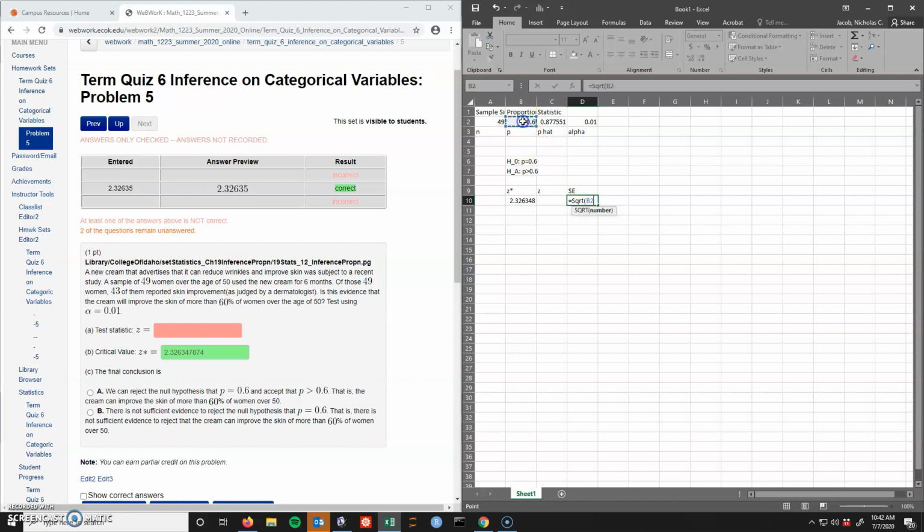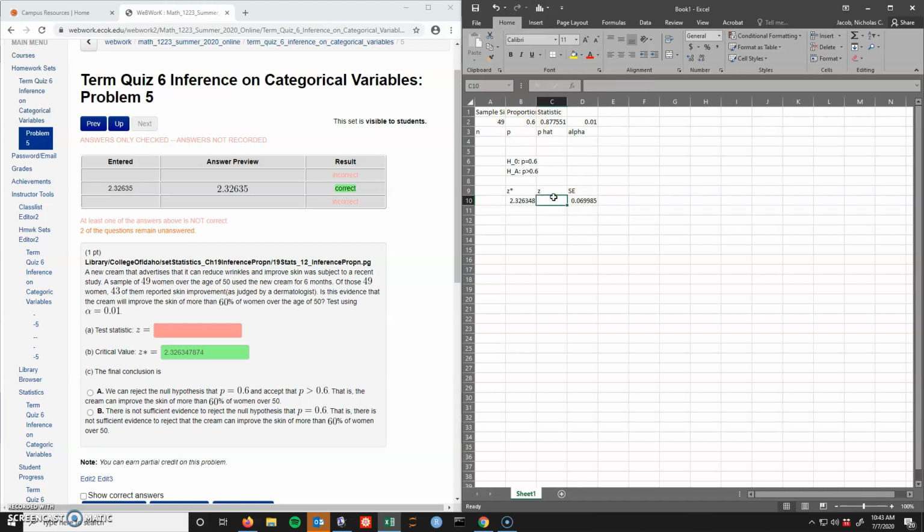So it's the square root of the p times 1 minus the p, and I always have trouble here. I think it's divided by n. So there is my standard error. Again, remember I'm using the parameter, not the statistic.